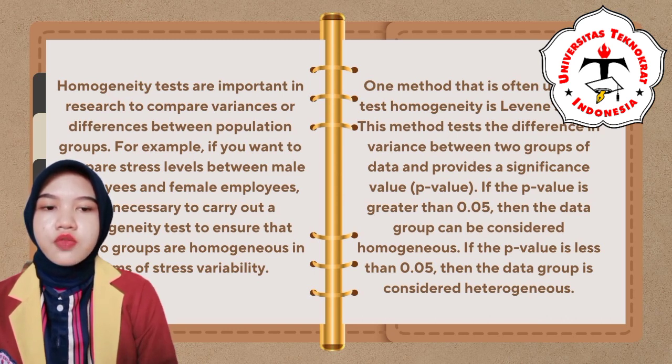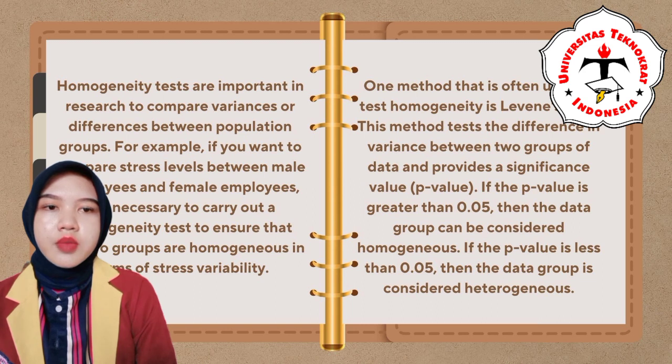For example, if you want to compare stress level between male employees and female employees, it is necessary to carry out a homogeneity test to ensure that the two groups are homogeneous in terms of stress variability. One method that is often used to test homogeneity is Levene test.